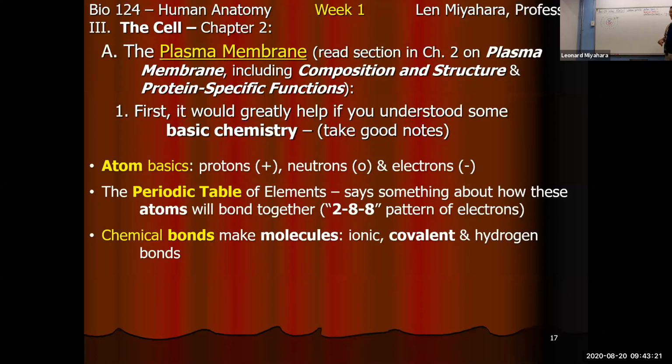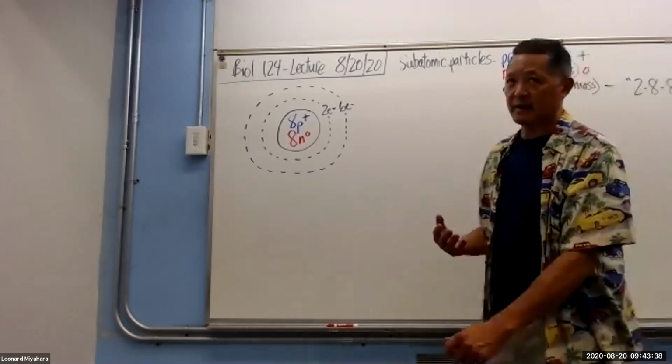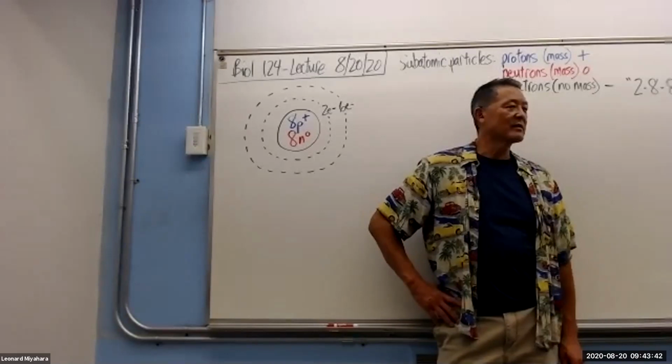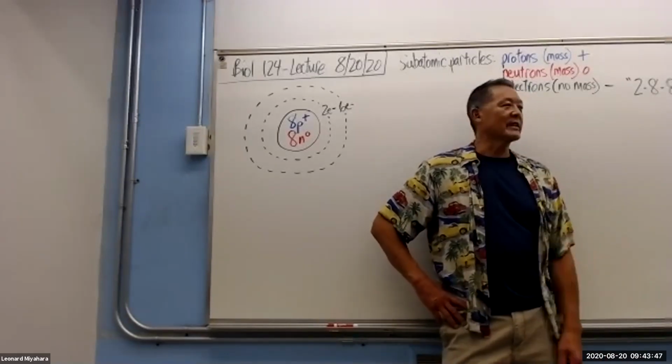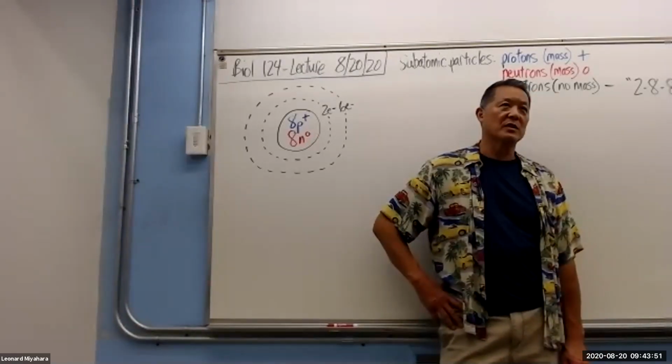That's not what we're talking about here. All right. Now, the other thing about the 2, 8, 8 arrangement is that is where an atom has its lowest activation energy. Does that make any sense to anybody here? That's why you got to take chemistry. Let's see if I can explain lowest activation energy.